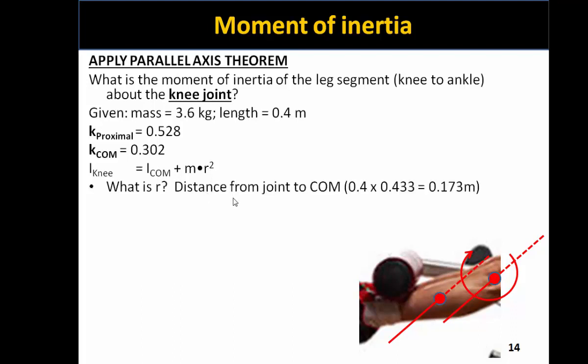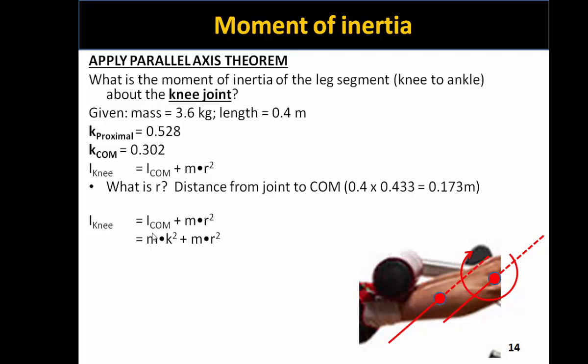R is the distance from the joint to the center of mass that we obtained from the table, the 0.433 value. So 0.433 from the proximal end times the full length, which is 0.4 meters, will give us a center of mass distance from the knee joint of 0.173 meters. And now we substitute our values into the equation.